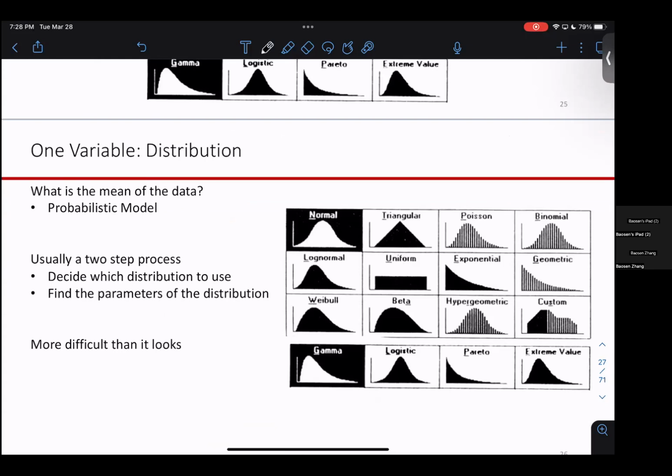The reason we don't do that is that this is typically a two-step process. If you take any course in probability, this is your starting point: you have a distribution, and you have to say something about this random variable. The problem with working with data, especially data in the power system domain, is that you have raw data.